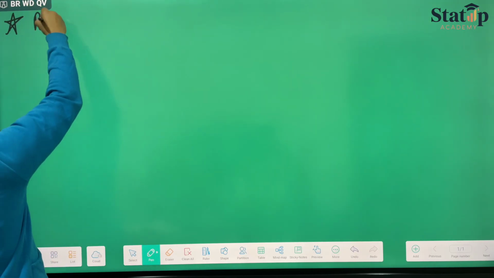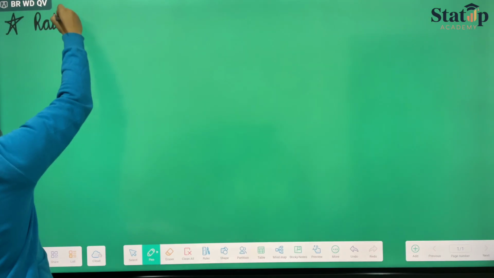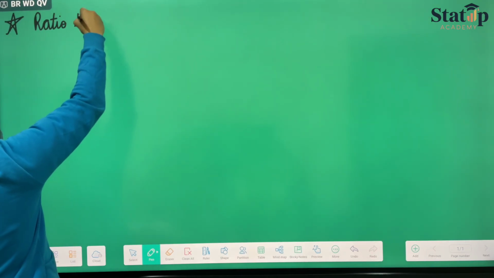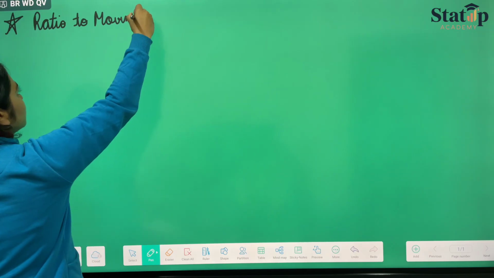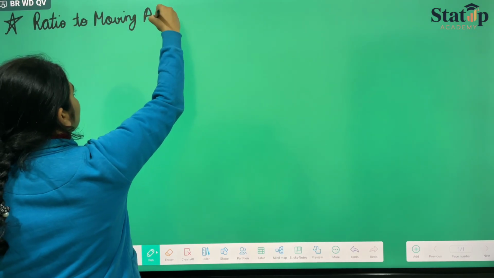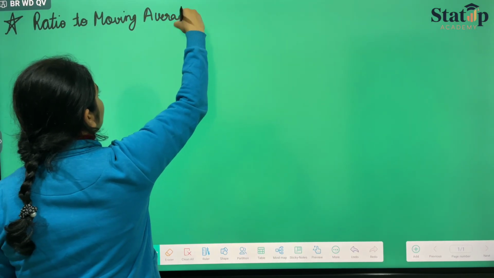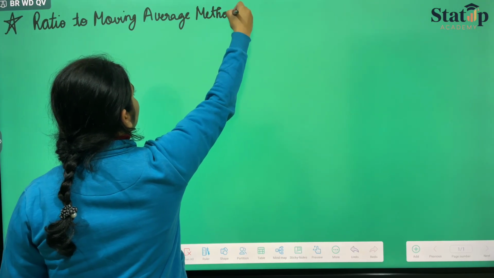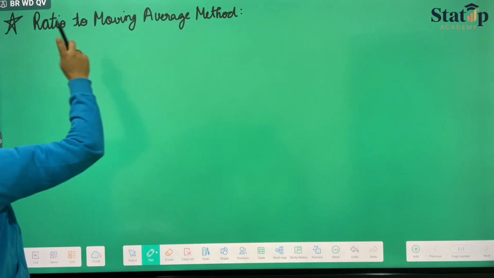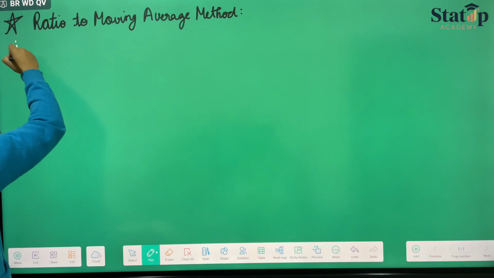Ratio to moving average method. What does the ratio to moving average method say in its steps?